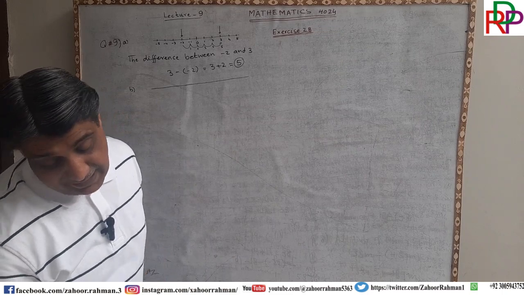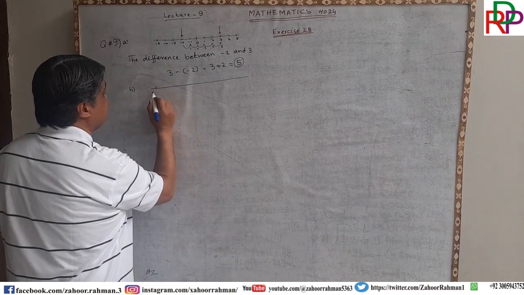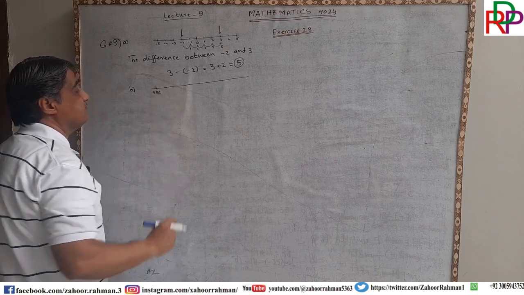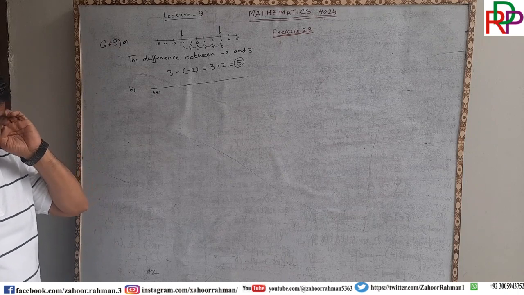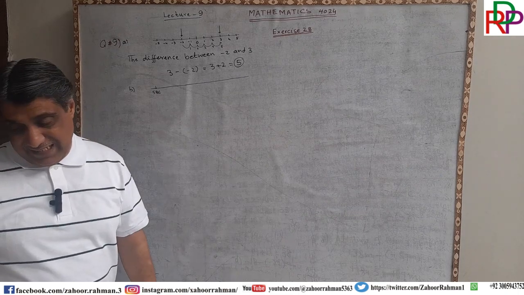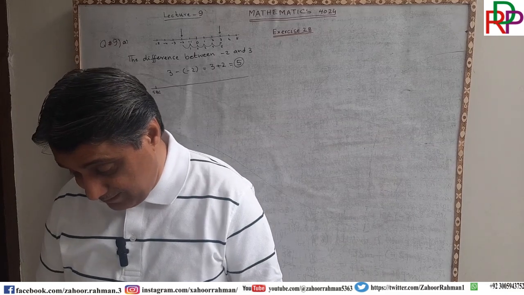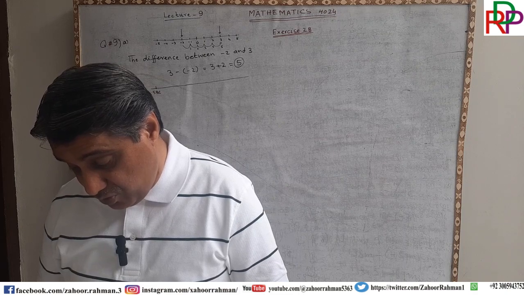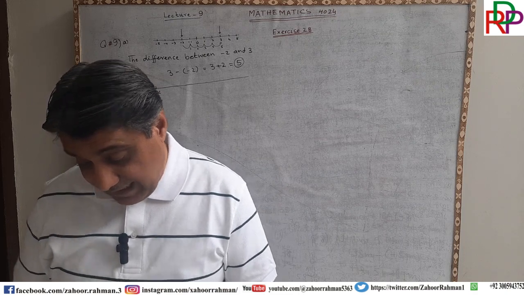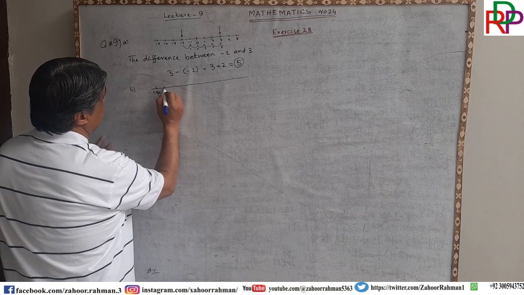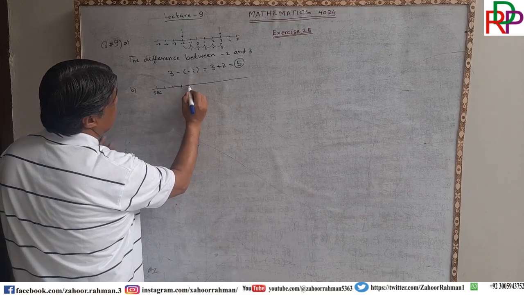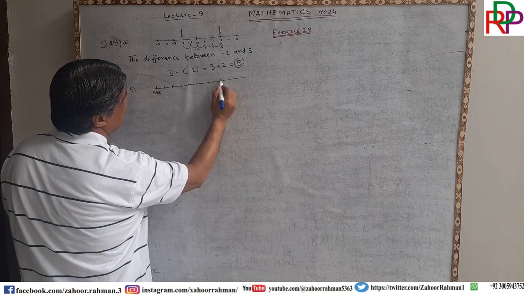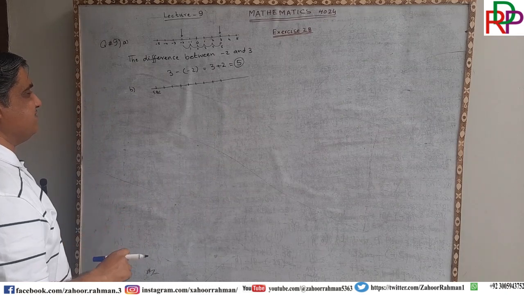From here they are starting 5 BC. BC means before Christ. And there is AD as well.